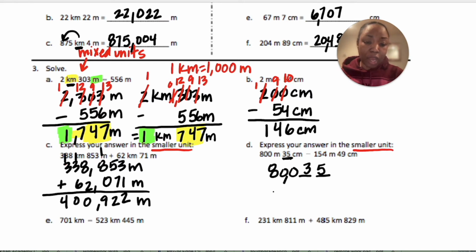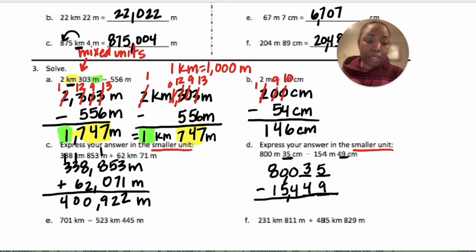And then for the second one, we have 154 hundredths, right? 2 zeros there, hundredths. But we have this 49, so I'm just going to plug in 49, making 15,449 to subtract. Now I'm going to regroup.